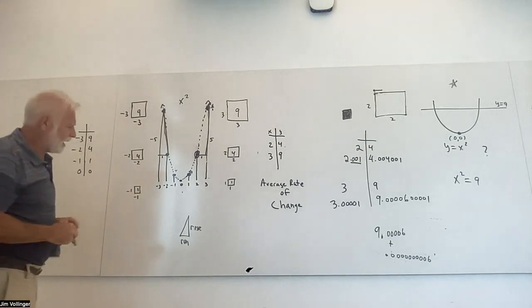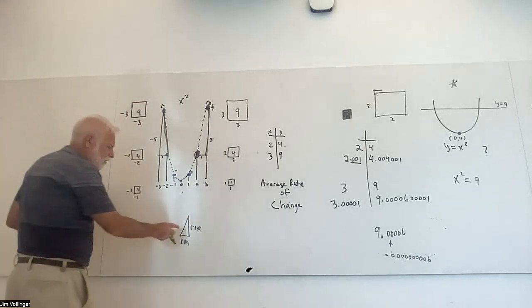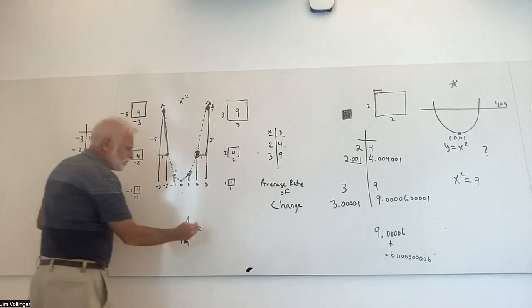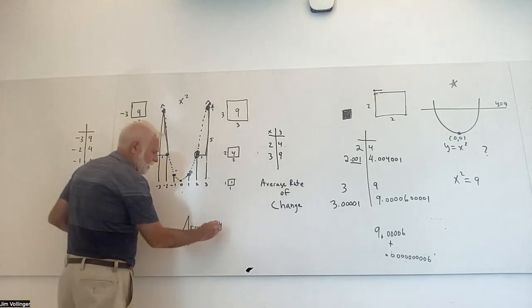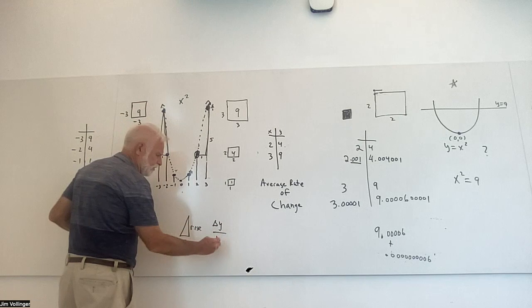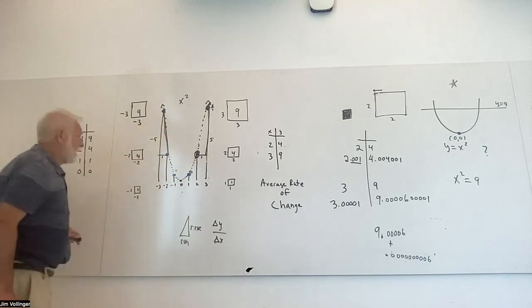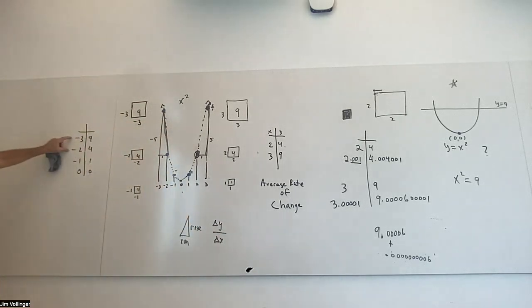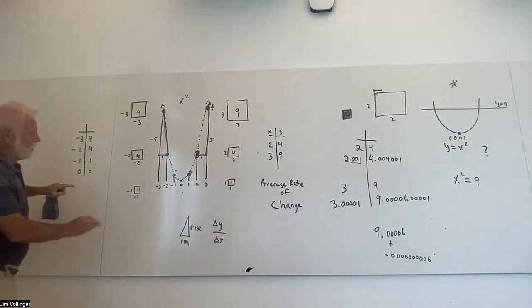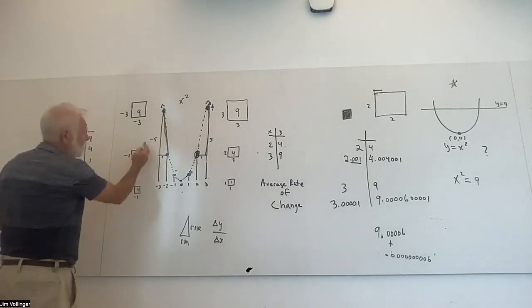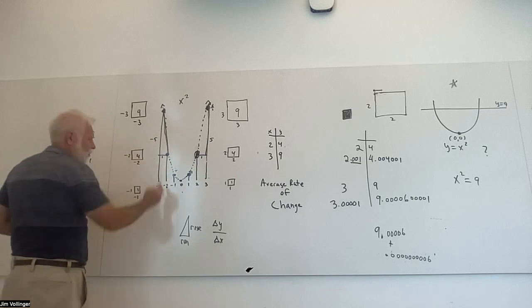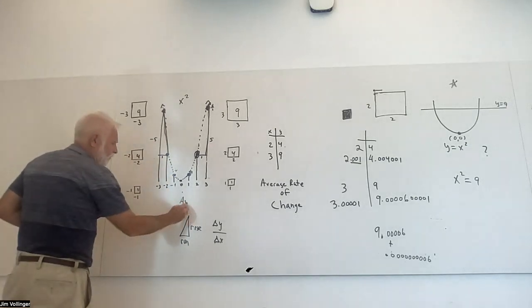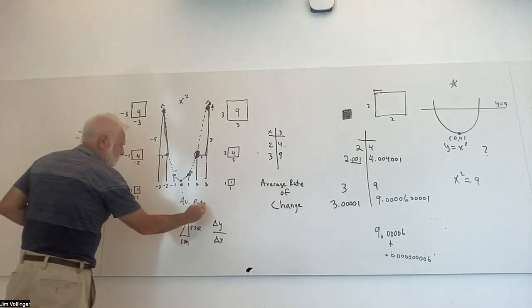Now we can talk about how things are changing by talking about rise over run, which is really the change in y, delta y, over change in x. As the dimension changes by 1 unit, it looks like it's gone down 5. We can do the rise over run to get a little feeling for what is called the average rate of change.